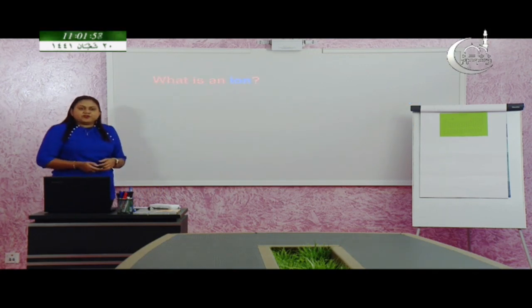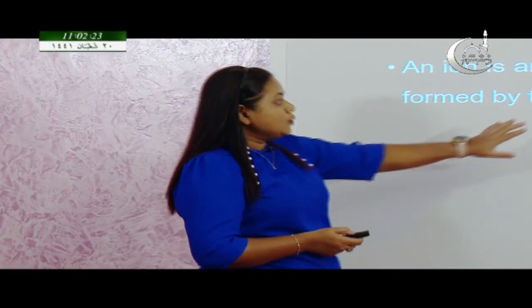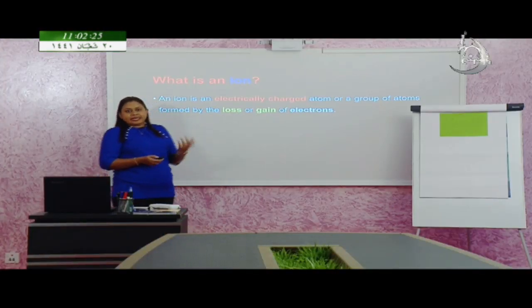First, before we move on to ionic bonding, I would like to explain what an ion is and how an ion is formed. An ion is an electrically charged atom or a group of atoms formed by the loss or gain of electrons. So ion particles are formed when an element either loses or gains electrons.